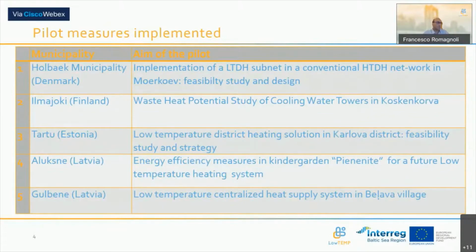In Latvia, in the Vidzeme planning region, we have a study about how to properly create a monitoring system as a precondition for future low-temperature district heating, with attention specifically addressed to a kindergarten. For Gulbene, we had the case study of the first low-temperature district heating realized in Latvia, in Beljava village in the municipality of Gulbene.